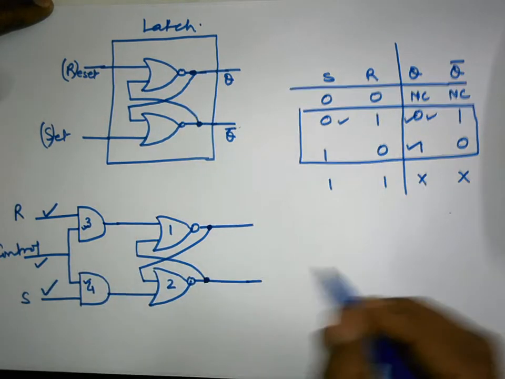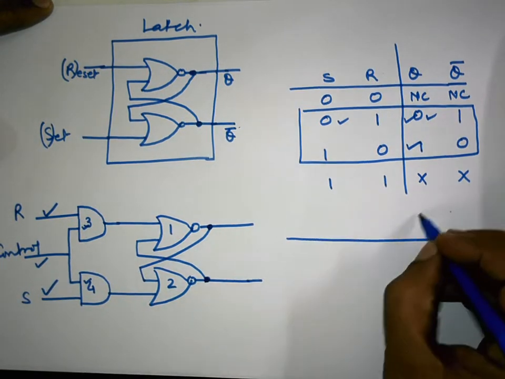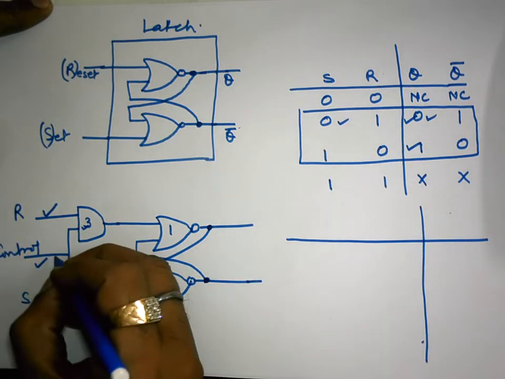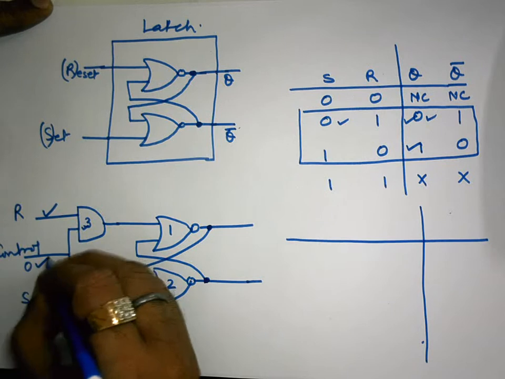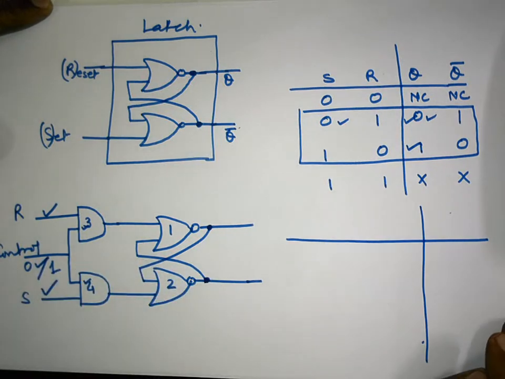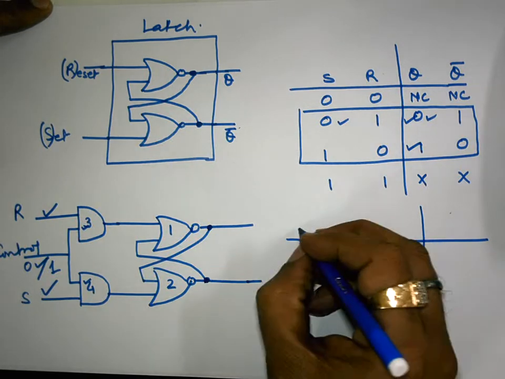So, how does this control act? This control is also a binary input. It may have the value 0 or the value 1.